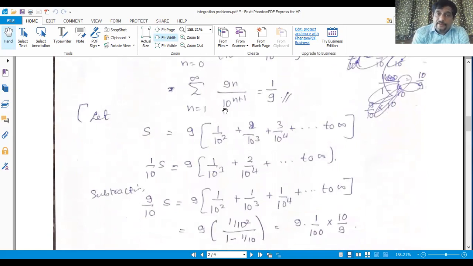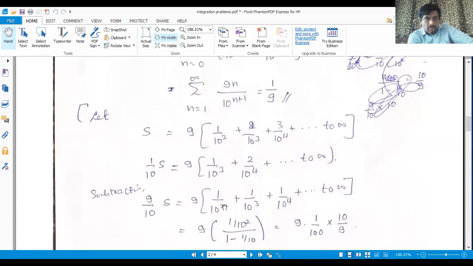Apply n running from 1 to infinity, taking 9 common: 1 by 10 square, 2 by 10 cube, 3 by 10 power 4, etc. Here we multiply throughout by 1 by 10 on both sides, then this becomes s by 10 equal to 9 times 1 by 10 cube, 2 by 10 power 4, etc. Then you can subtract, and 9 is common. 1 by 10 square minus 1 by 10 cube means what happens here? 1 by 10 square remains, then 2 minus 1, you get 1 by 10 cube, 1 by 10 power 4, etc. will remain here, 2 minus 1, 3 minus 2, 4 minus 3. Do you understand?